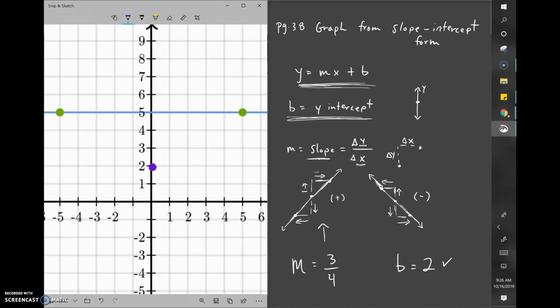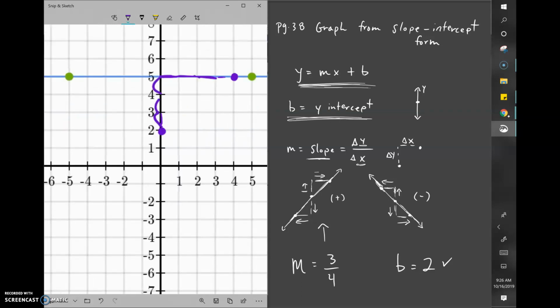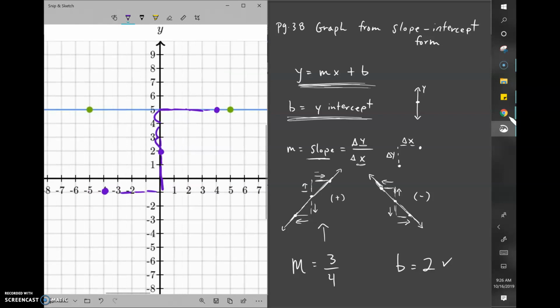So I can go up 3 units, which would be 1, 2, 3, and then over 4 units, so 1, 2, 3, 4, and I can graph that second dot right there. Or I could also go down 3 units, 1, 2, 3, and then go to the left 4 units, 2, 3, 4, and I can graph that second dot right there. And either way I'm going to have a positive line.